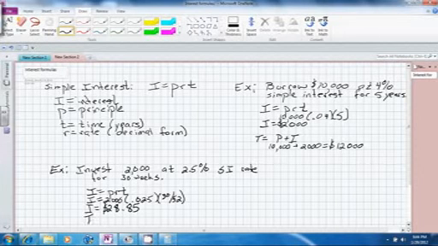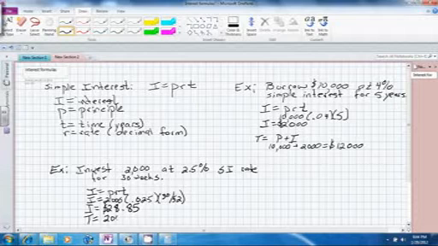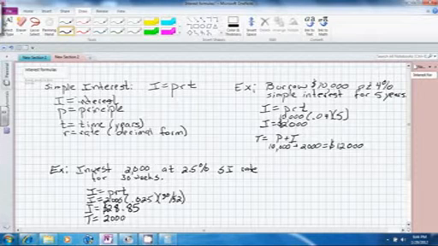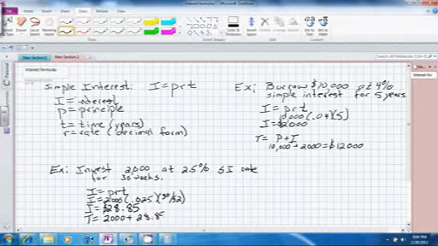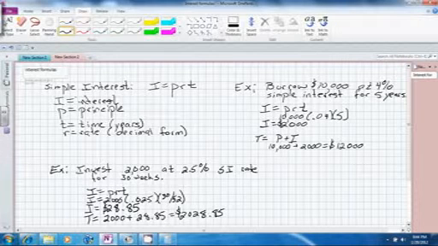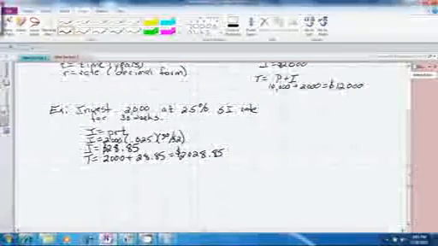So our total, we have to add that back to the principal, gives me $2,000 plus my $28.85, which is $2,028.85. Simple interest is very easy to work with.